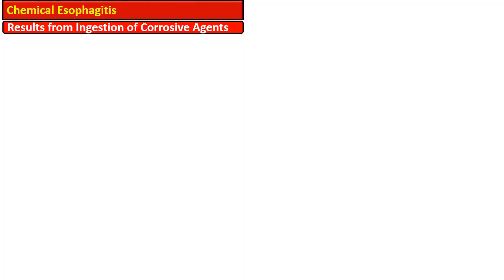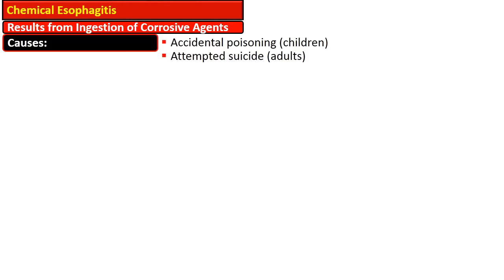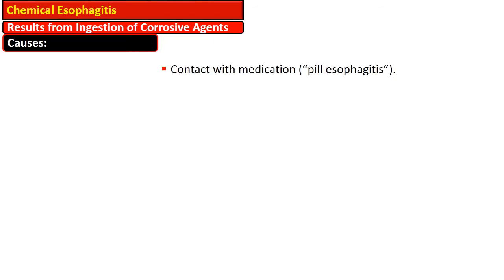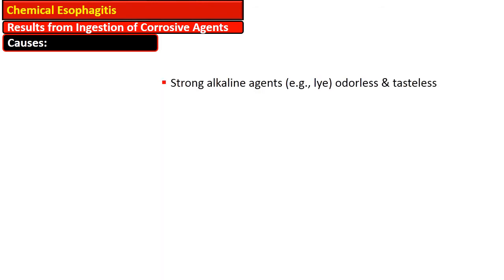Chemical esophagitis results from ingestion of corrosive agents. The causes are accidental poisoning that occurs in children, and in adults attempted suicide. Contact with medication also results in chemical esophagitis, also termed pill esophagitis.